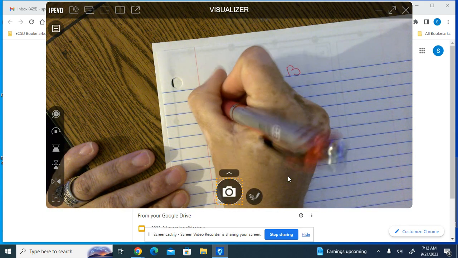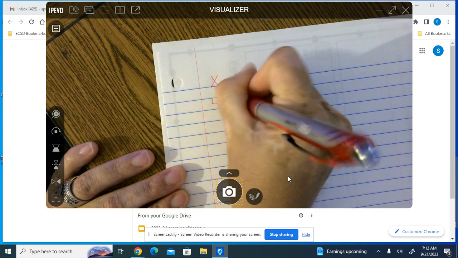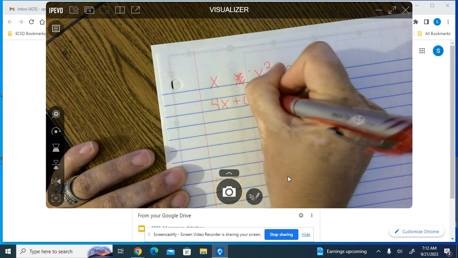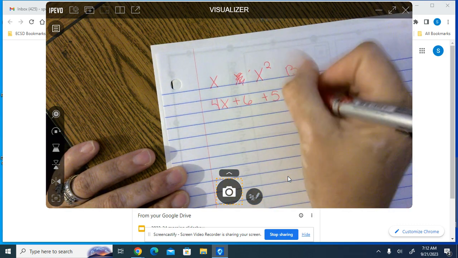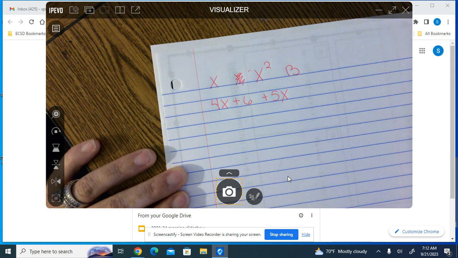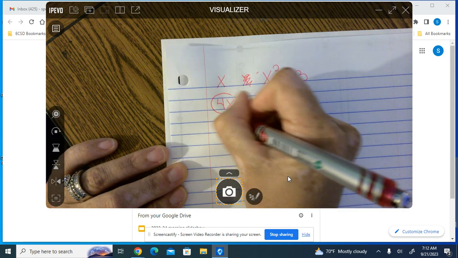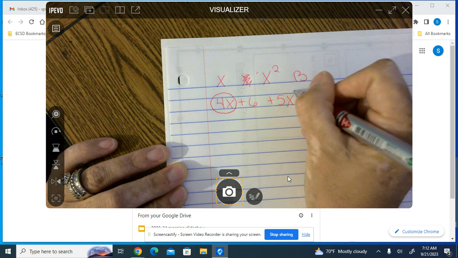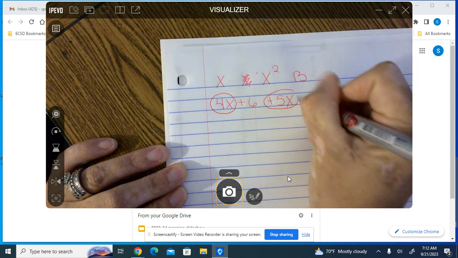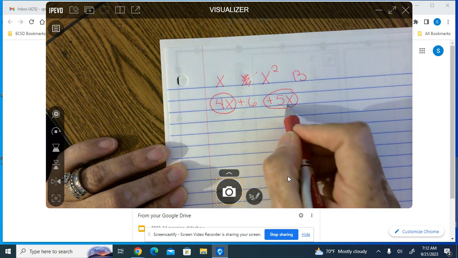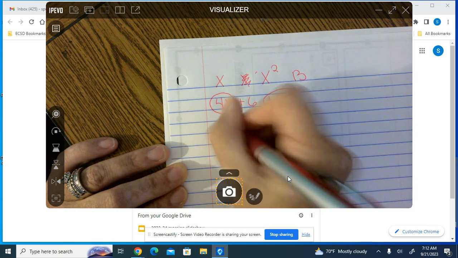So for example, if we have 4x plus 6 plus 5x, we're looking at what is exactly alike. So this 4x matches this positive 5x. Because of the x's, we can combine them.